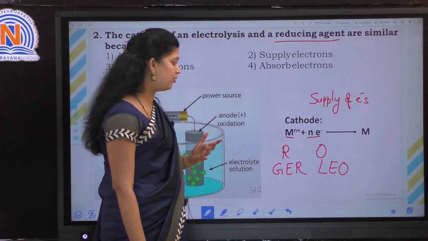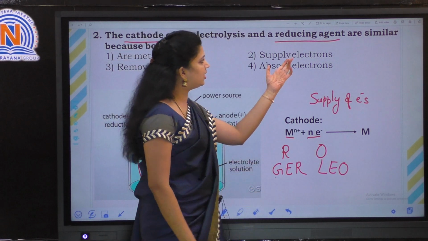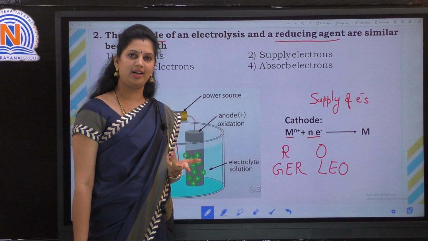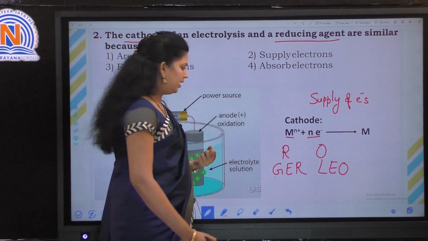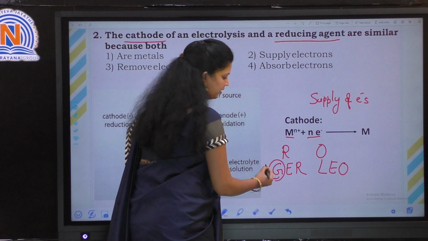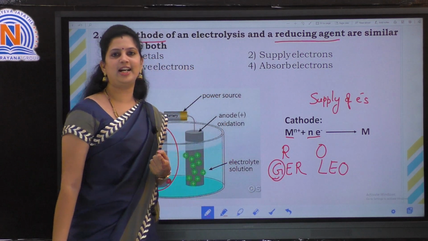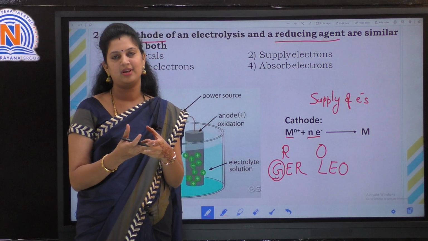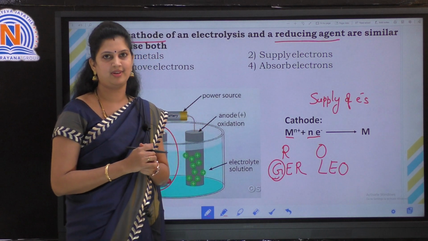Now I am talking about reducing agent, an agent which reduces the others. How could a metal or element reduce the other element? By giving electrons. So we can say that reducing agent is a particular element which gives electrons or which supplies electrons. Am I right?